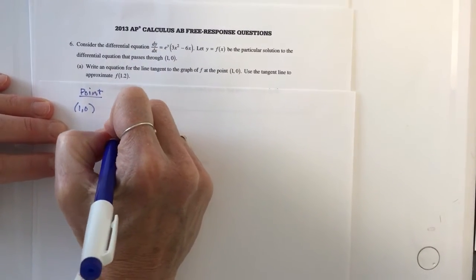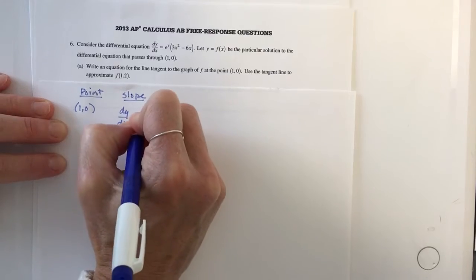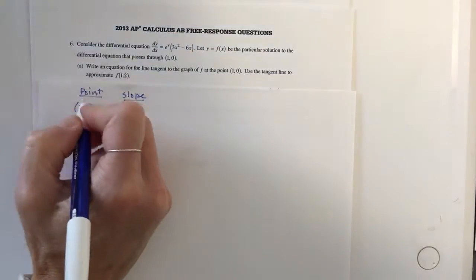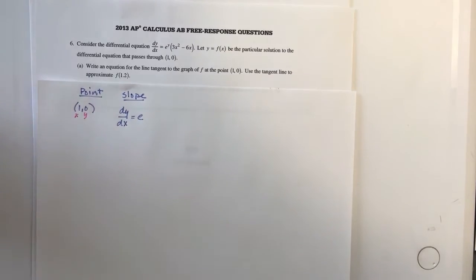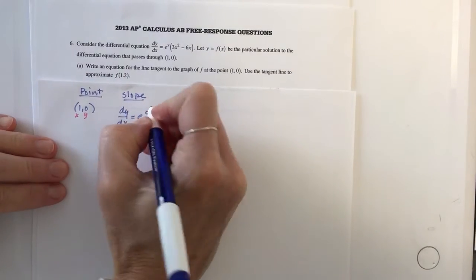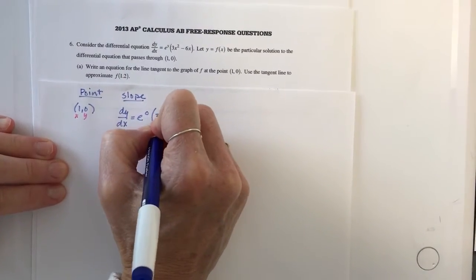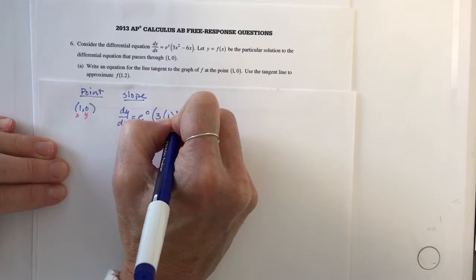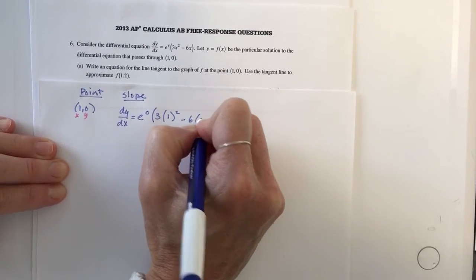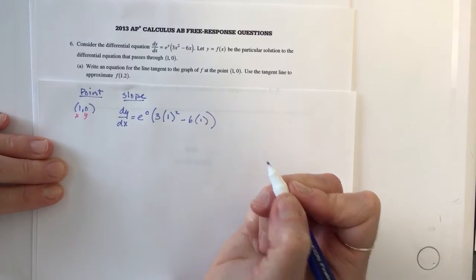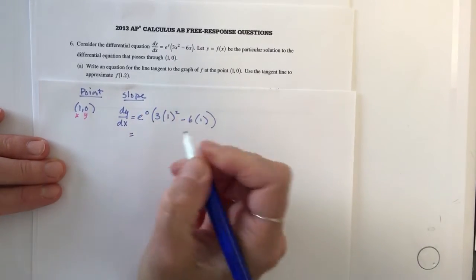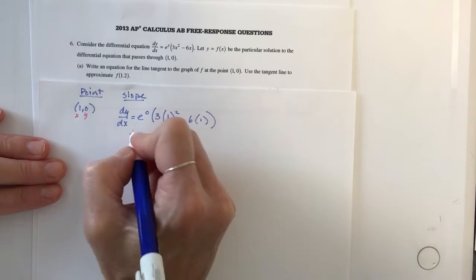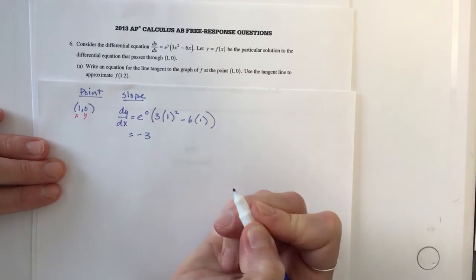So dy over dx is equal to e to the y, and this is our y, right? And this is our x. So e to the y, e to the 0, times 3x squared is 3 times 1 squared minus 6 times the 1. So pretty easy calculations. e to the 0 is 1, and 3 minus 6 is negative 3.